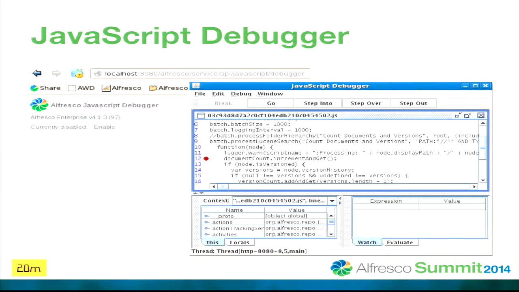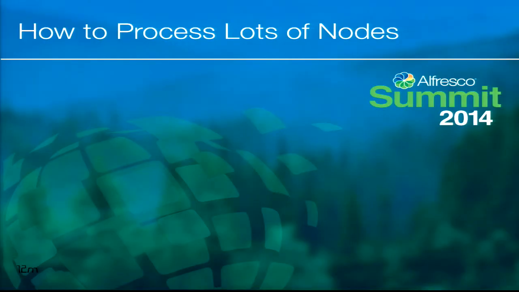If you're on a dev environment, where you don't have a lot of scripts running and you just want to try out your admin script, this may be something that you want to use. I don't. I just use loggers. But if you want to have breakpoints and inspect variables, this is something you can do. And I wanted to make sure to mention it to folks.